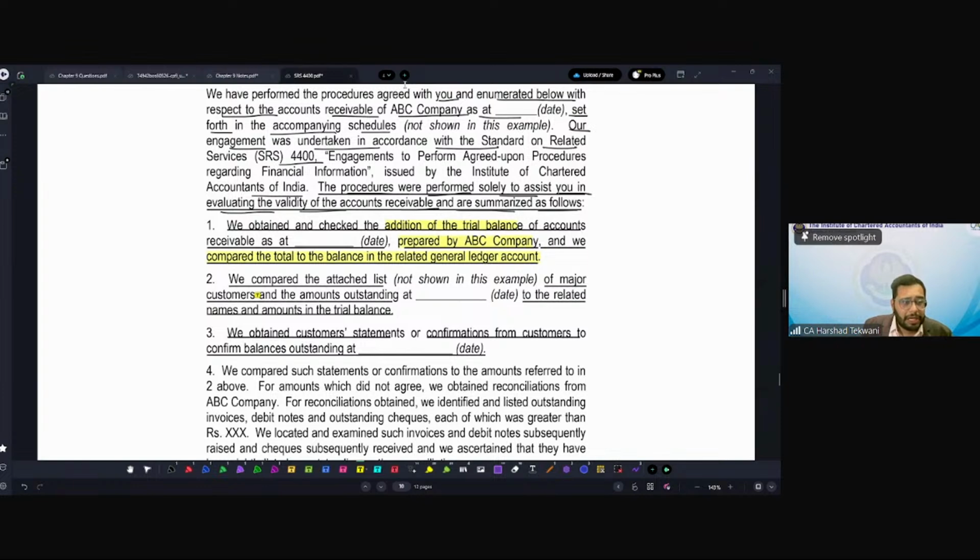Second, they have compared major customers, amounts outstanding, to the amounts in the trial balance. So they are again comparing. First one was addition, or you can say a kind of reconciliation between sub ledger and general ledger.